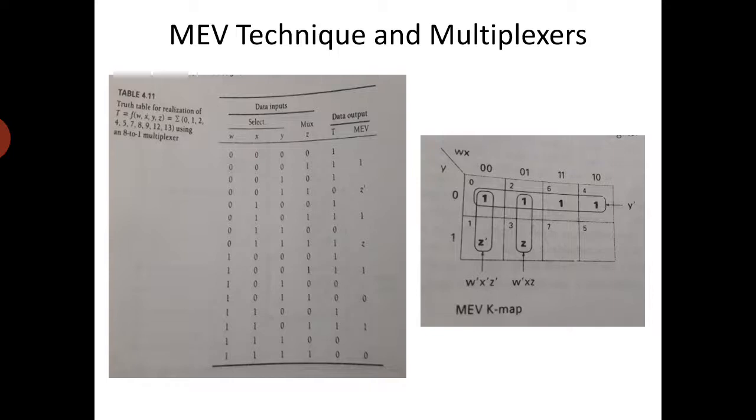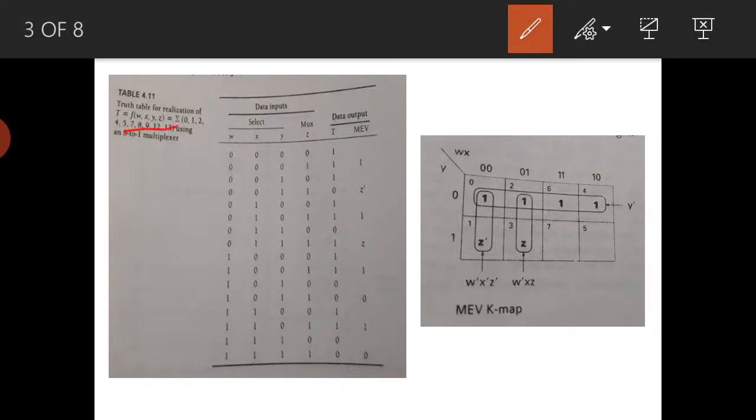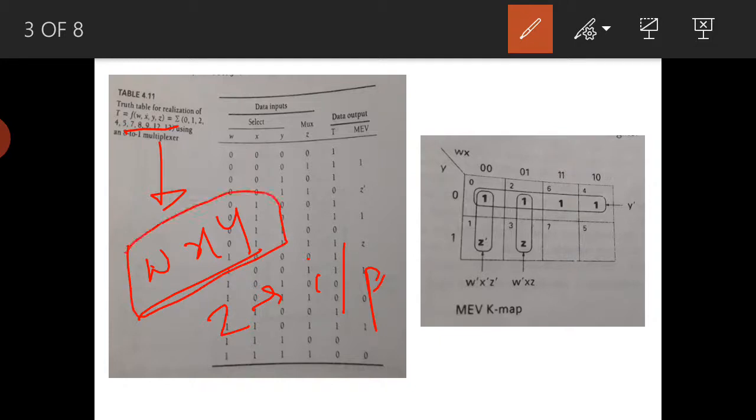Some of the variables will be used as select lines, for example w, x, y, and the fourth variable z will act as one of the inputs for the mux. All 4 variables are not used as select lines: 3 variables are used as select lines and 1 variable is used as an input along with zeros and ones.